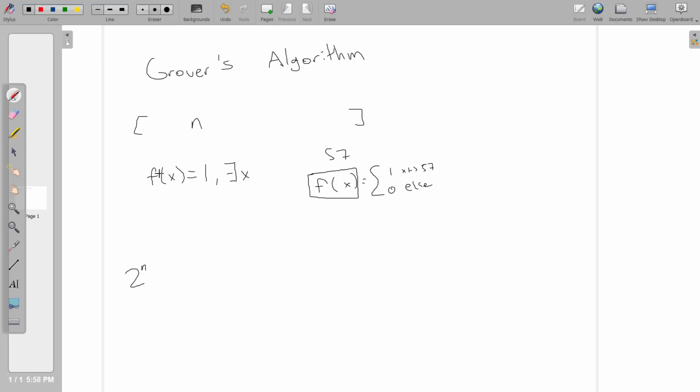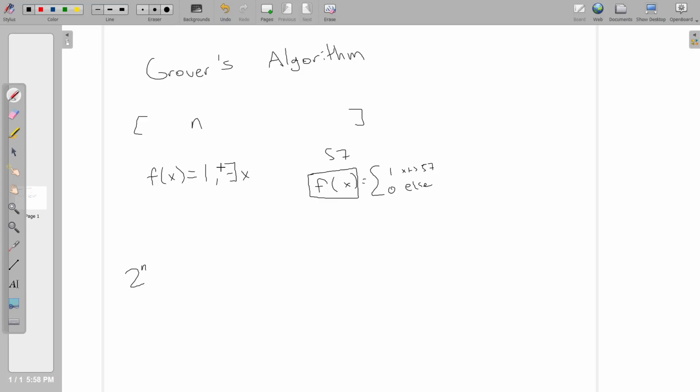Then the correct answer would be the state that corresponds to what you're searching for. In this case, we would want to find the one that corresponds in this list to 57.